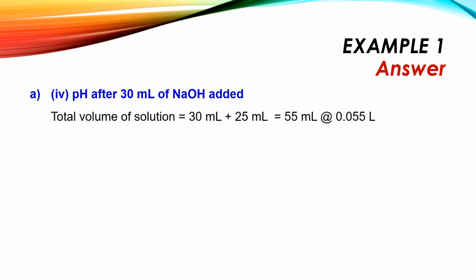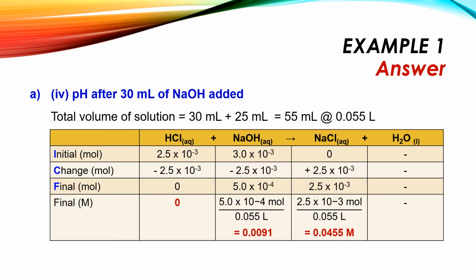The total volume of the solution is equal to 55 milliliters. By using the ICF table, we can determine the final composition of the reaction. From the ICF table, we can observe that hydrochloric acid is completely consumed, but sodium hydroxide still has a remaining 0.0091 molar, and the sodium chloride salt formed is 0.0455 molar.